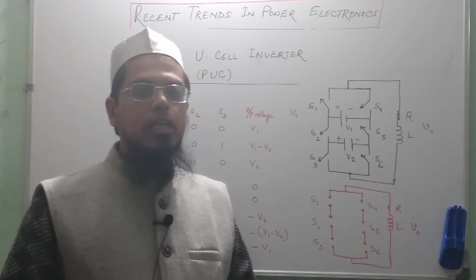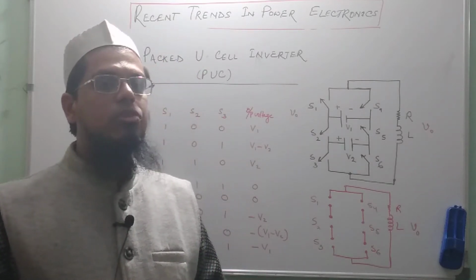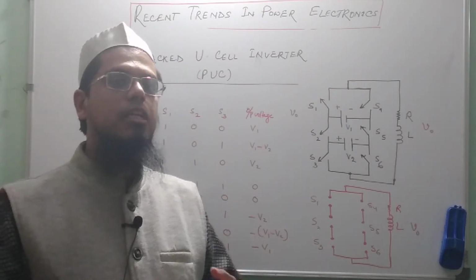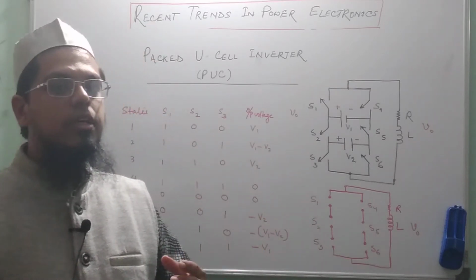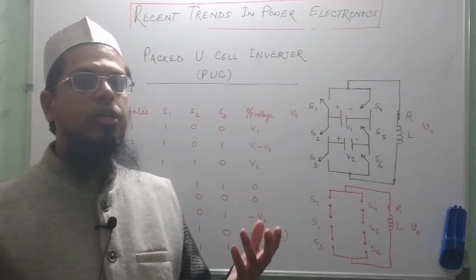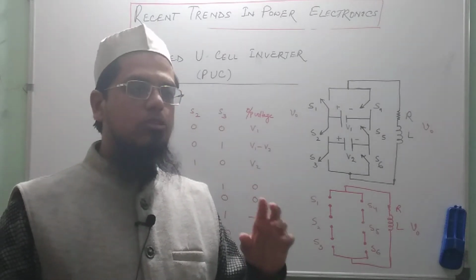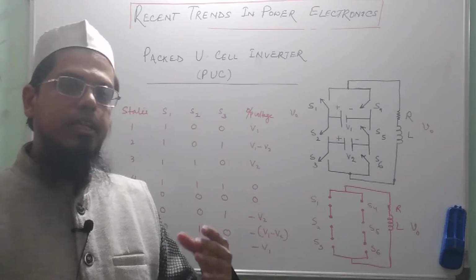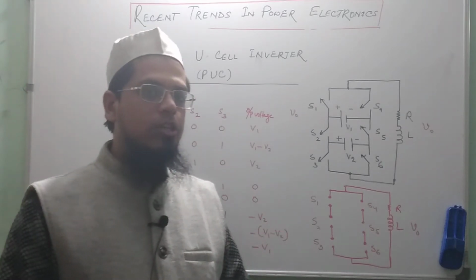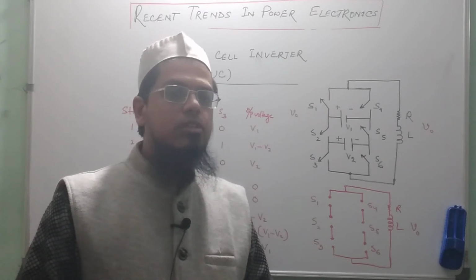Consequently, the control of the capacitor voltages poses a problem, which makes the circuit complex because of the requirement of sensors to keep track of the voltage across the capacitor. So these were the shortcomings associated with conventional multi-level inverters.